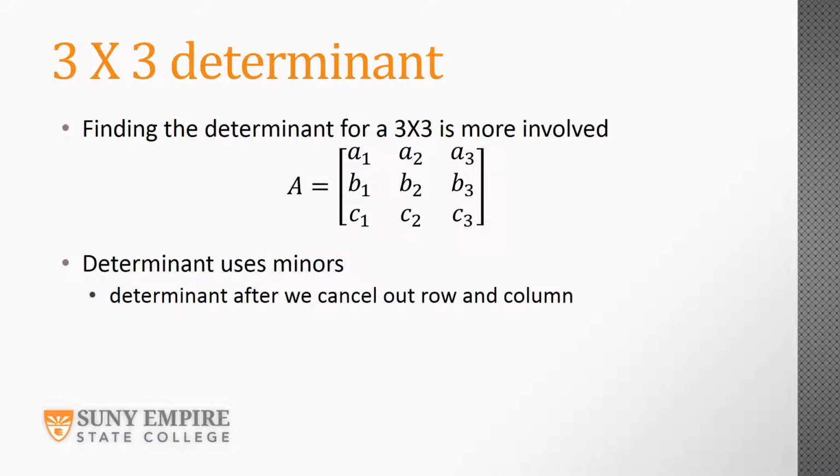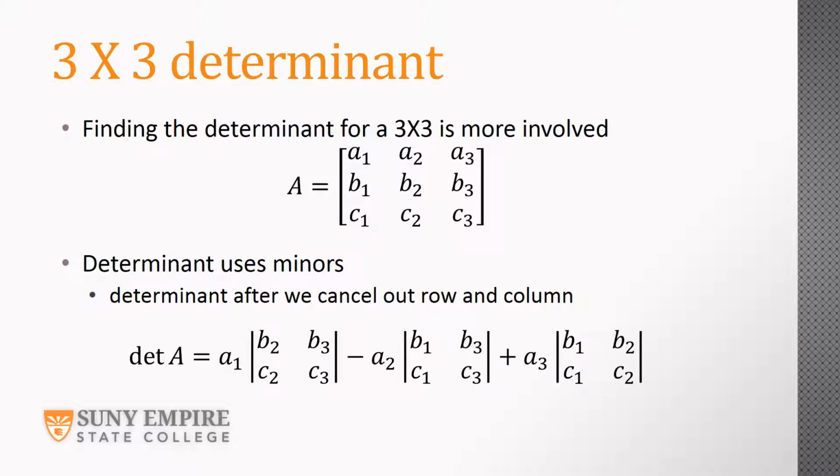This is the determinant of the portion of the matrix that remains if we cancel out a row and a column. When finding the determinant, we work across the top row. We multiply each entry in the top row by the minor for that position.